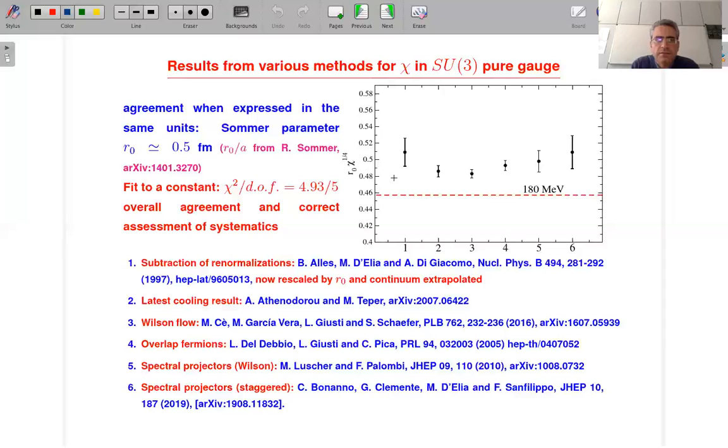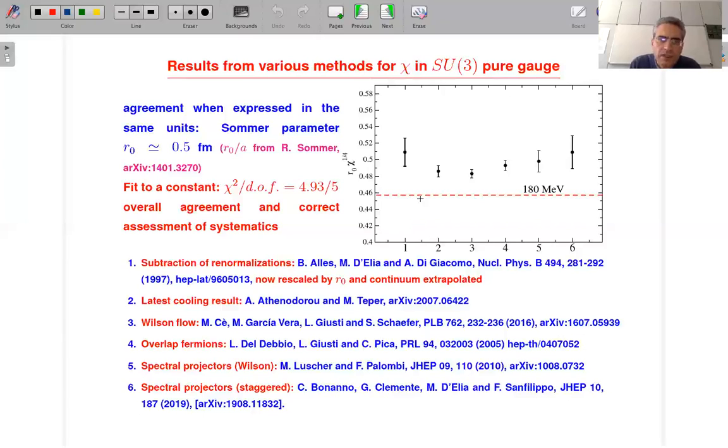So when I first took the numbers and the determination which was reported in the paper, and I tried to put it on this plot, at the first try, I got a number which was around here, slightly below 180 MeV, and it was not consistent with the other determinations.